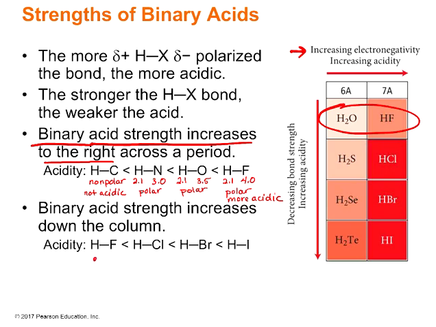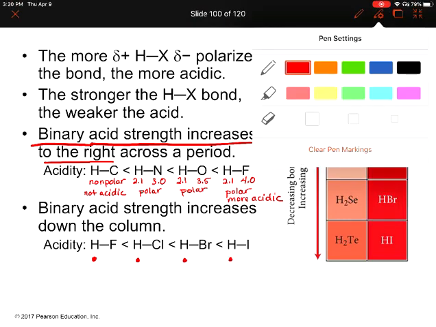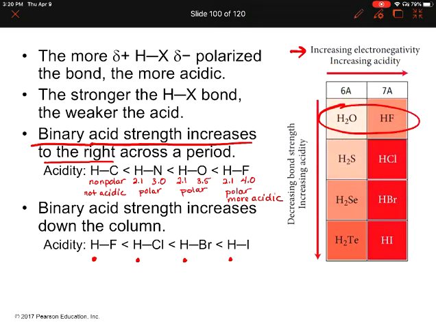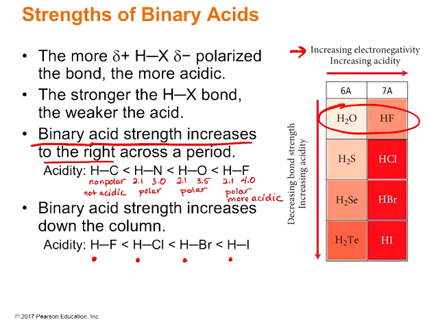So if we compare the hydrogen atom, which I'm going to draw as a red atom here, and let's say we compare that to the halogen it's bonded to, the atoms are just getting bigger and bigger and bigger.